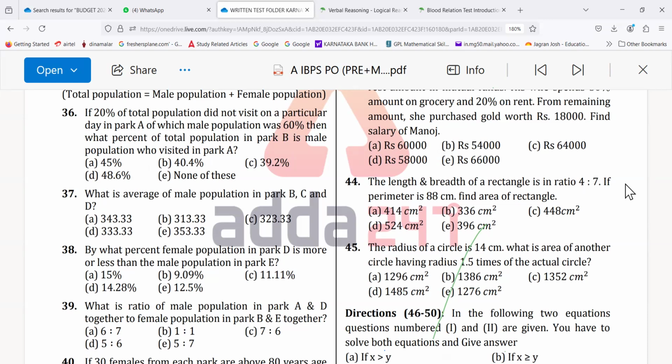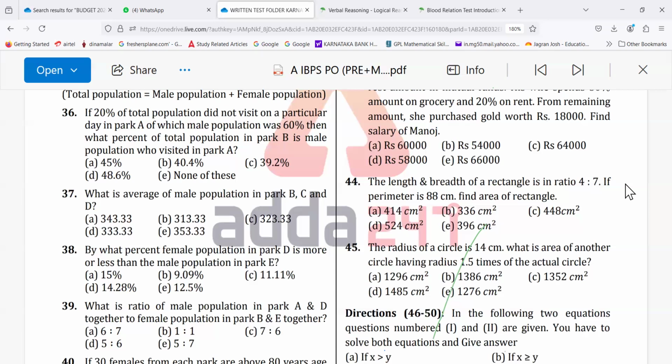Pi r square. Now that is not required. Now we are asked to find out the next one. What is the radius of the next circle? 1.5 times means what? Original is 14. What is 1.5 times? 21. So pi r square is equal to 22 by 7 into 21 into 21.